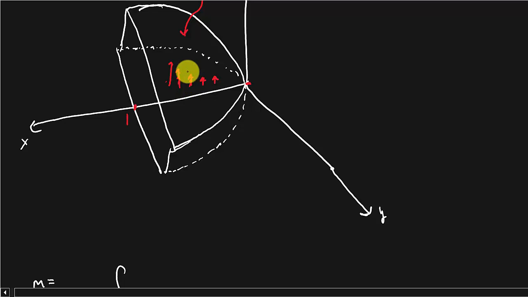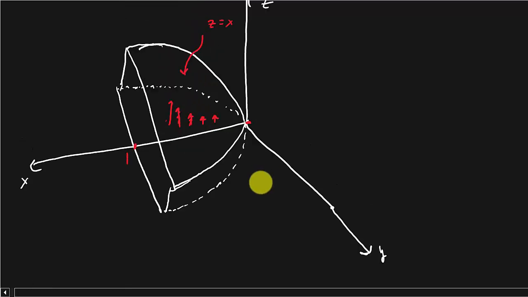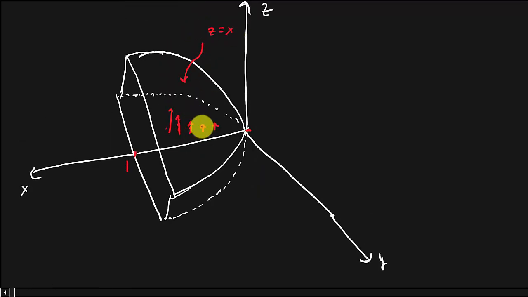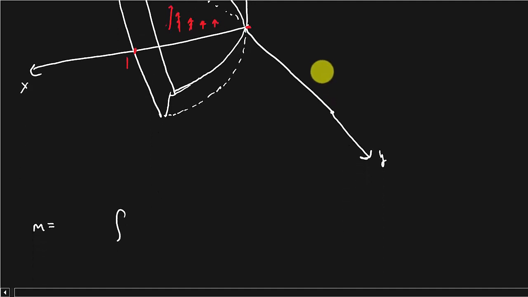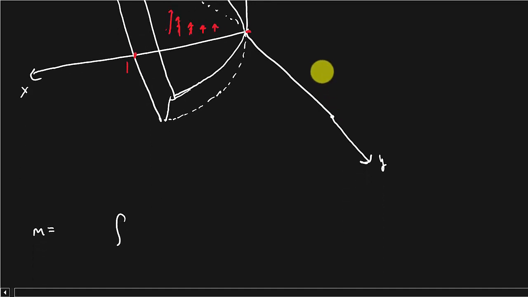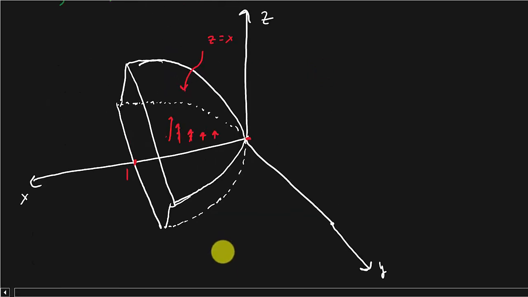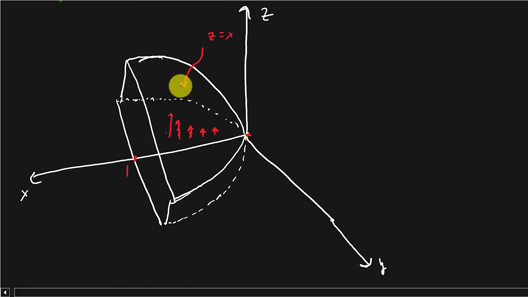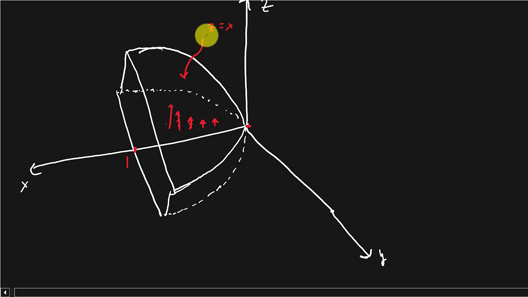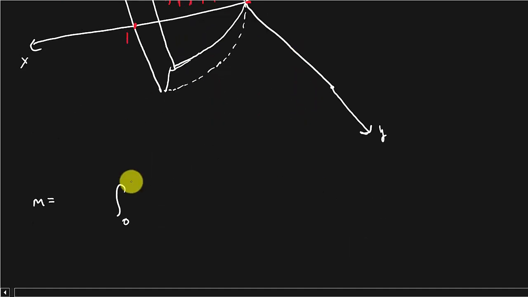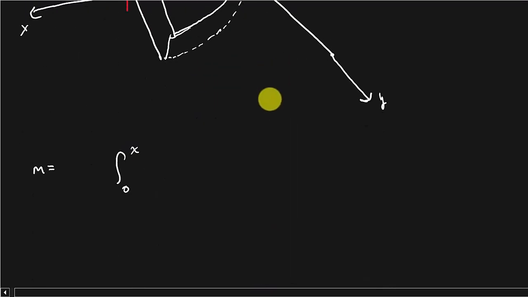We're coming up to this plane here, z equals x. So we're going to integrate with respect to z first, going from 0 up to this plane right here. You see that, up to this plane. So what is z? Z is x, so that's going to be x. And it's a constant density, so that's just rho. And we're going to integrate with respect to z first.